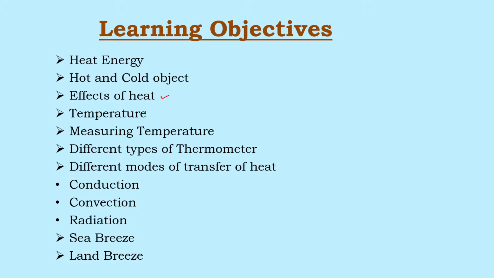We are also going to learn about temperature, different measuring devices for temperature, that is different types of thermometer, and different modes of transfer of heat, that is conduction, convection and radiation. These are the three different modes. And we are also going to learn about sea and land breeze.